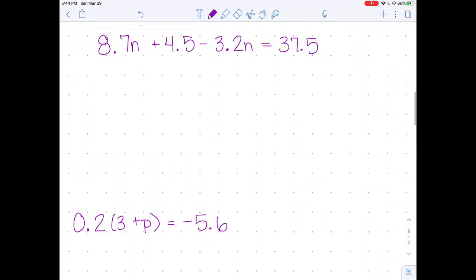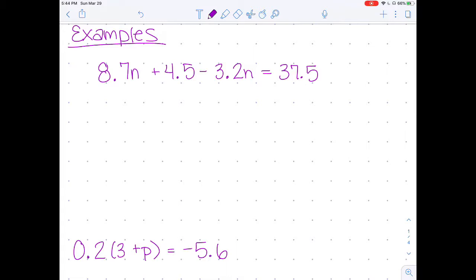So this first example, I have 8.7n plus 4.5 minus 3.2n equals 37.5. So step one, we need to distribute. We don't have any of that. And combine like terms. Well, I've got this 8.7n minus 3.2n. Those are like terms because they're both multiplied by n.